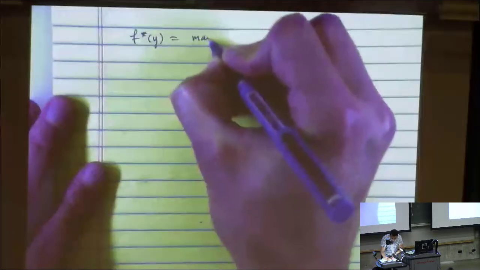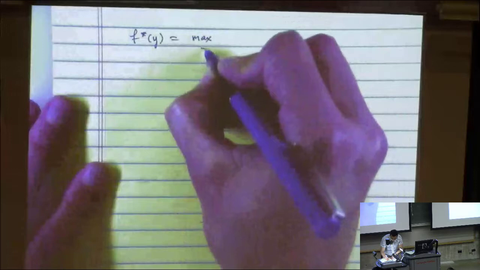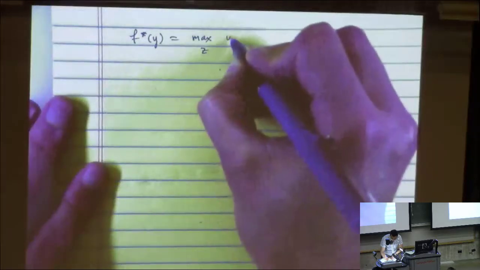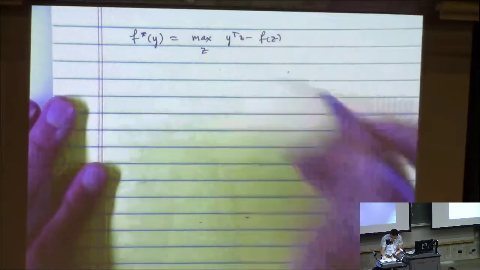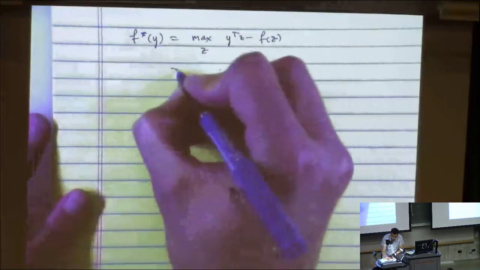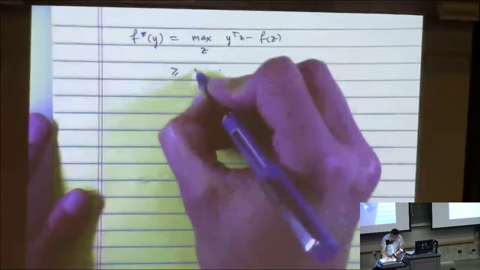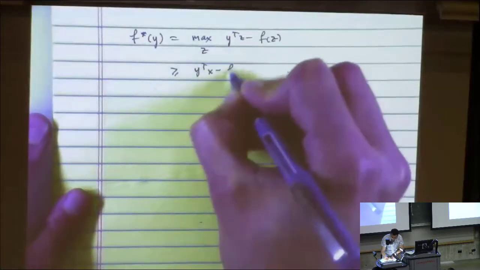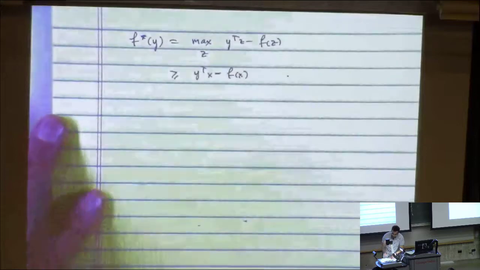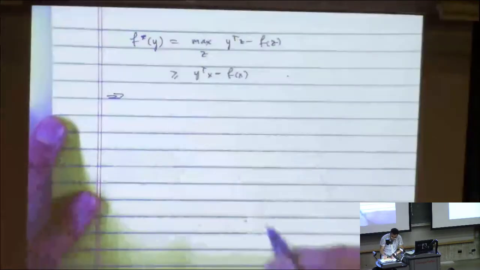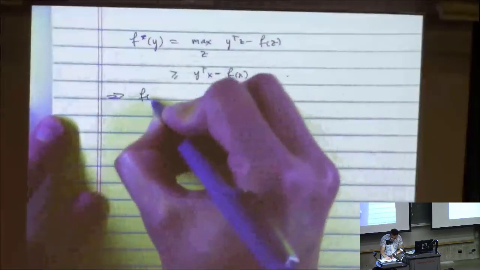It's for a very simple reason. f star of y is equal to the max over all z of y transpose z minus f of z. For any particular x, that's going to be bigger than or equal to y transpose x minus f of x, because it's a max. Rearranging, adding f of x to the other side, we get Fenchel's inequality.